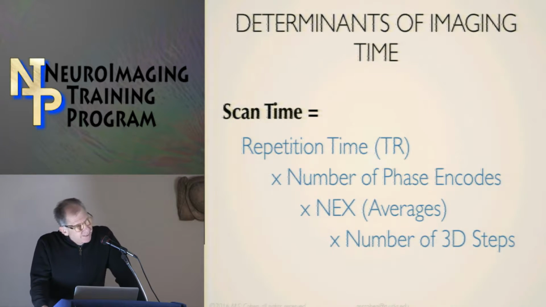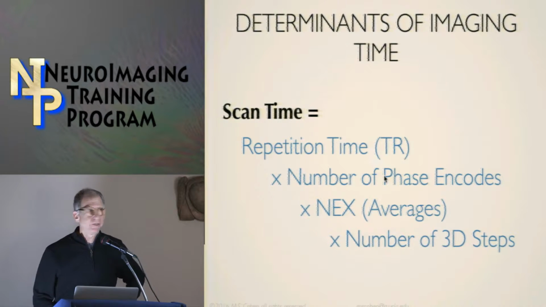I want to talk a little bit about scan time. Typically, the amount of time it takes to produce an image is the product of the repetition time times the number of encodings that you do in the scan. In an echoplanar scan, the phase encodes are actually not really part of the imaging time.